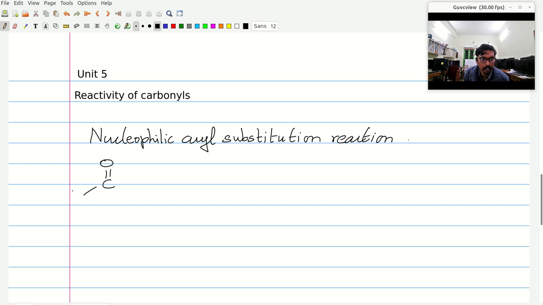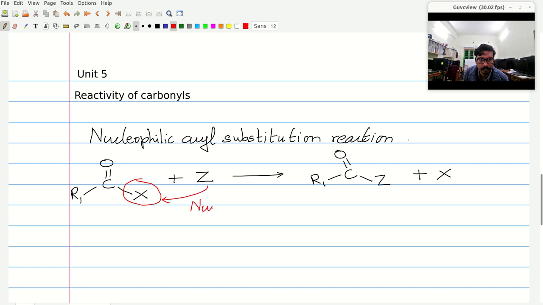Let's represent a carbonyl compound like this, and let's say a nucleophile is represented by Z, and as an outcome of this nucleophilic substitution reaction you will get something like this, where this substituent has been replaced by the nucleophile, which is Z in this case.